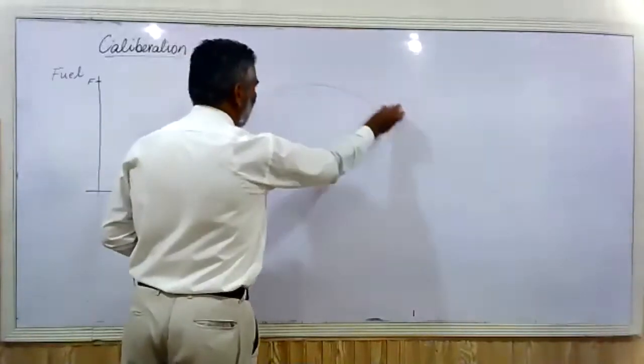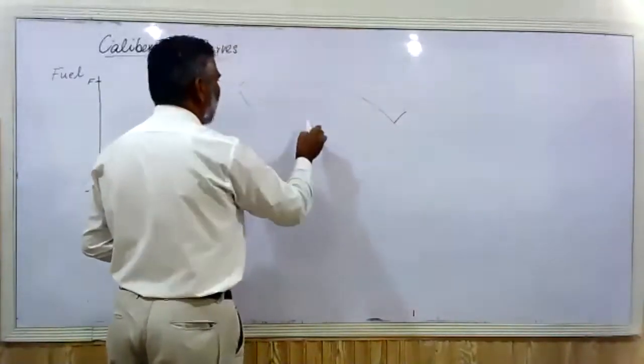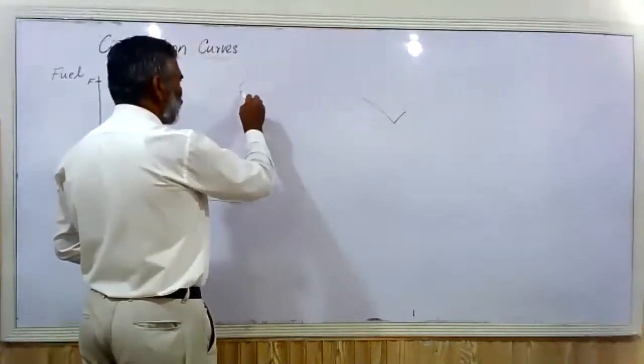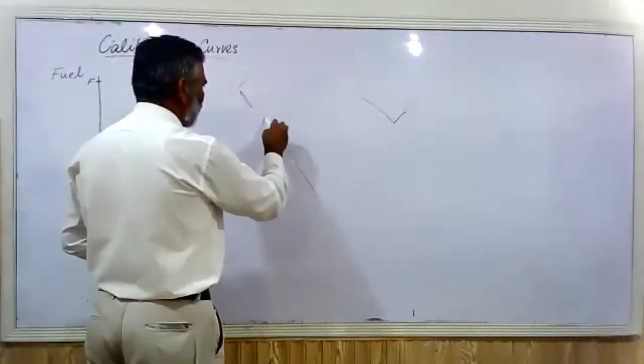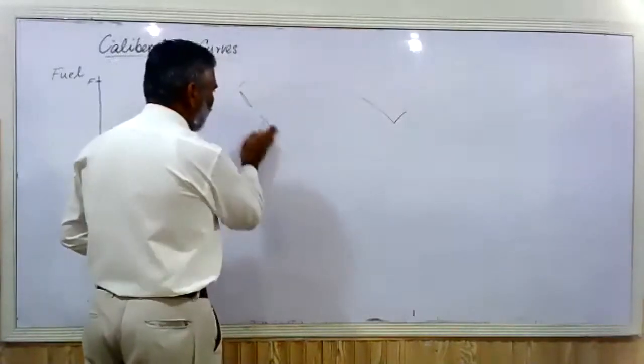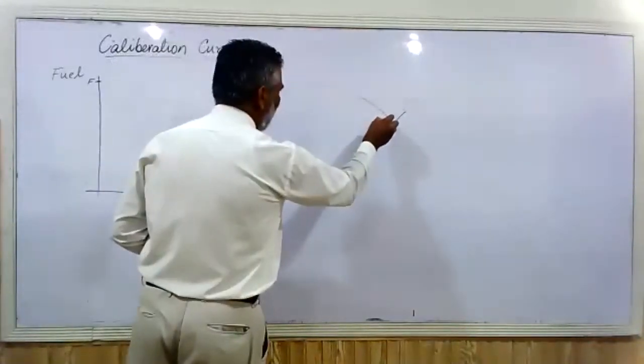This is the fuel gauge of a car, and we have a pointer which usually moves in this way. Let's say this is here initially showing that this is full. This is F here.